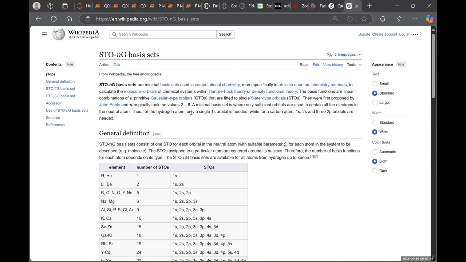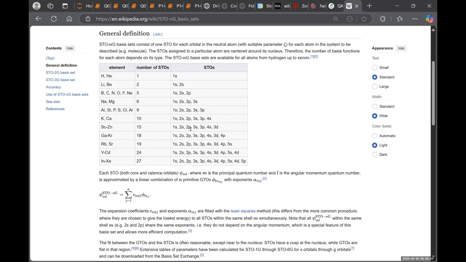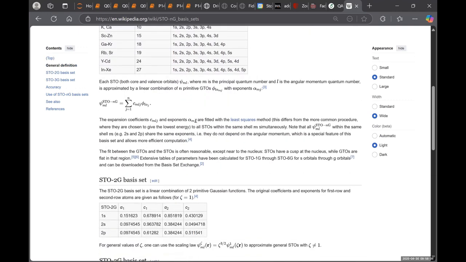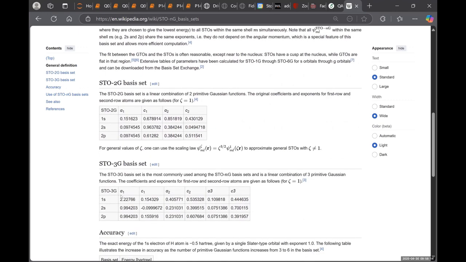Slater type orbital and Gaussian. STO-3G would use three Gaussians. 2G will be a linear combination of two primitive Gaussians, and 3G is a linear combination of three primitive Gaussians.